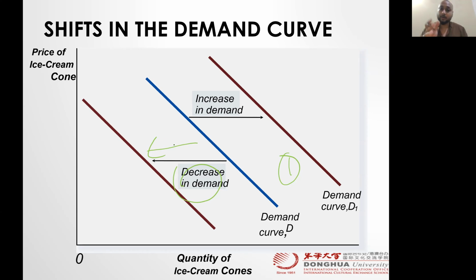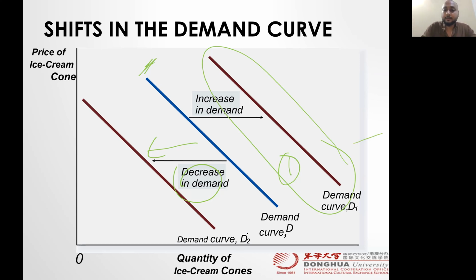Your right and your left. Increase means shift to the right, decrease means shift to the left. So you need to make a new demand curve. This is the original one. This is a new demand curve. Right? So decrease means the demand curve shifts to the left.